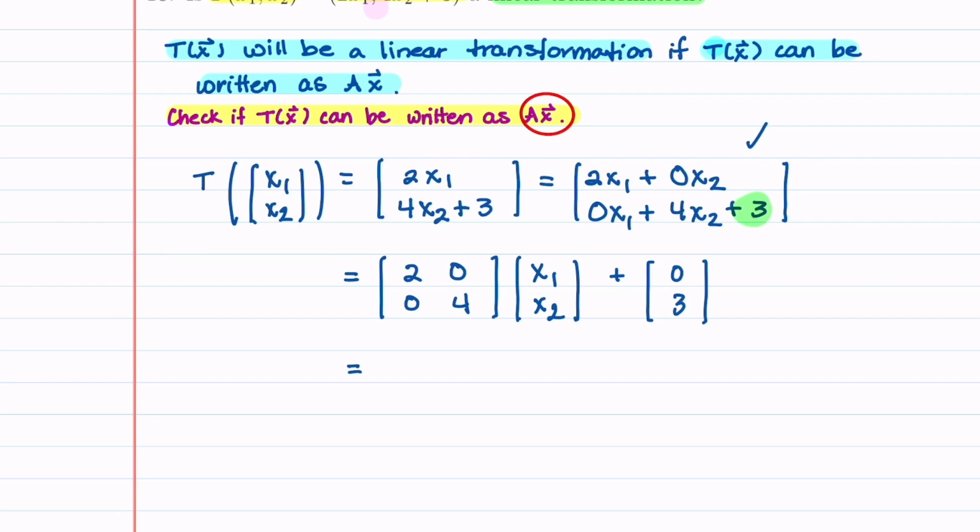So our transformation is A times x, but it's not just equal to A times x because we have this extra vector, which we can just call vector p. So we can say that our transformation is not equal to A times x because of this additional vector p. So because of this, our answer is no, our transformation is not a linear transformation.